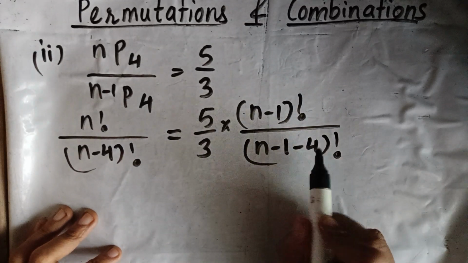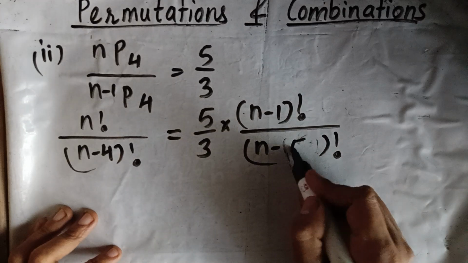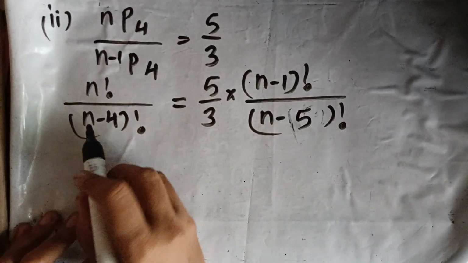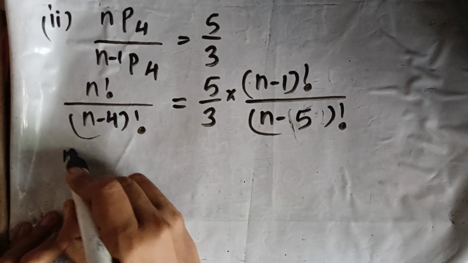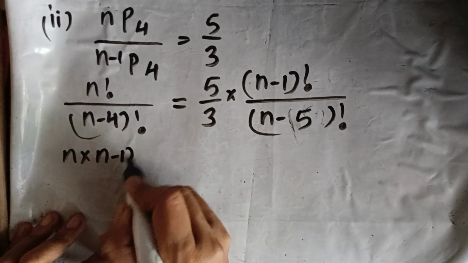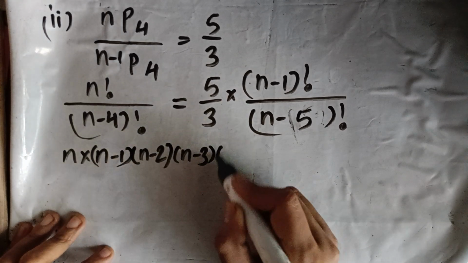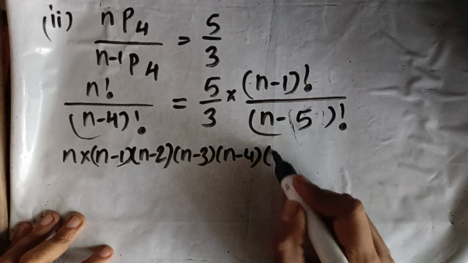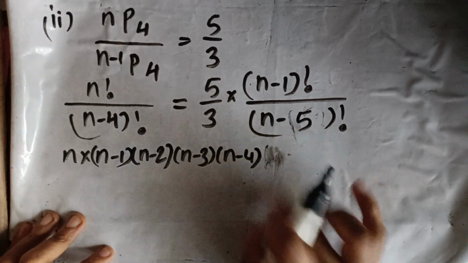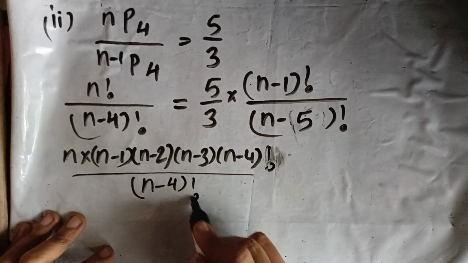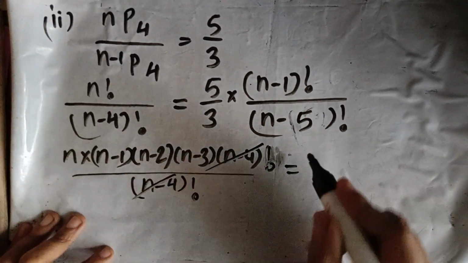Minus 1 minus 4 will be minus 5. So this will be n into n minus 1, n minus 2, n minus 3, n minus 4 factorial. So this gets cancelled.